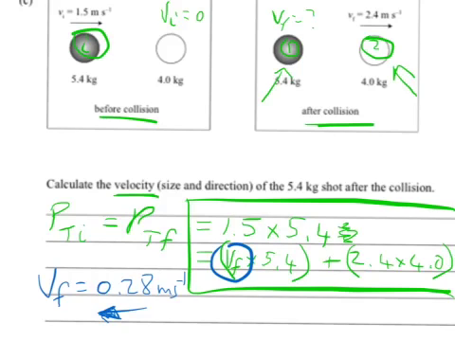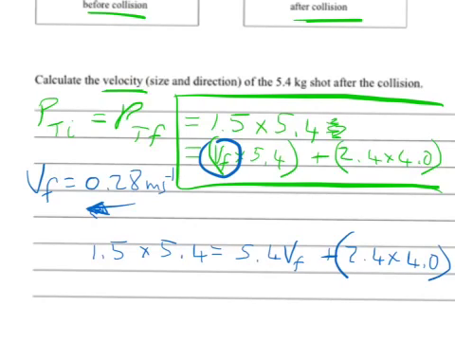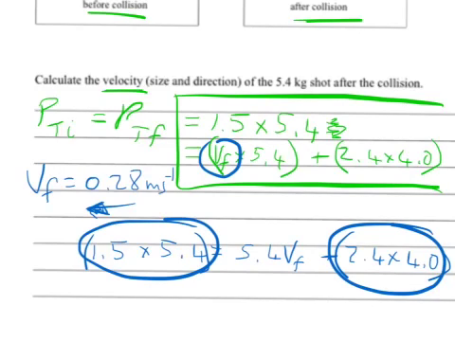So just to make that a little bit clearer, so that you don't lose what's going on, we've got that 1.5 times 5.4 equals 5.4 times Vf, that's the velocity we're looking for, plus 2.4 times 4.0. So this section here we're going to have to take away from this section, so when we do that, we end up with negative 1.5 equals 5.4 Vf.